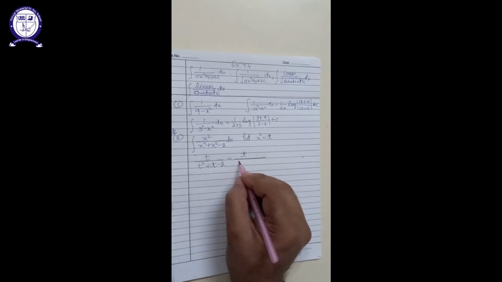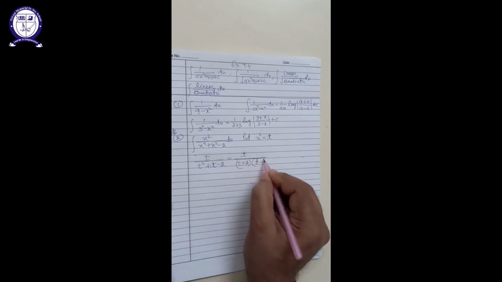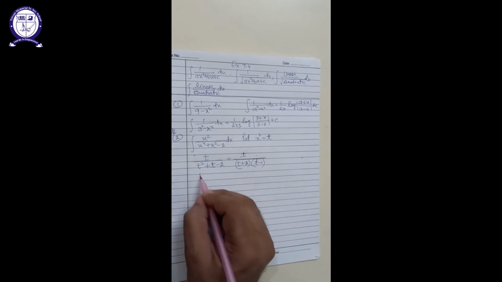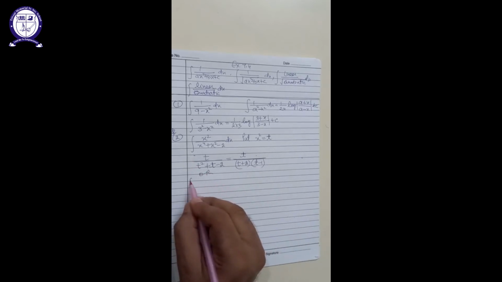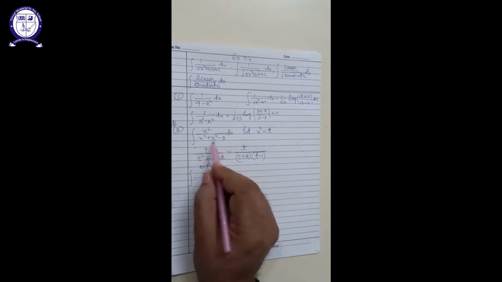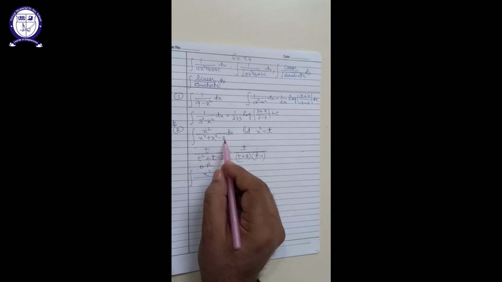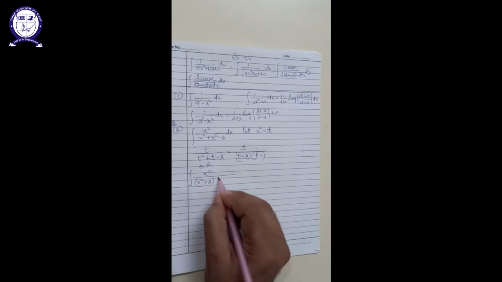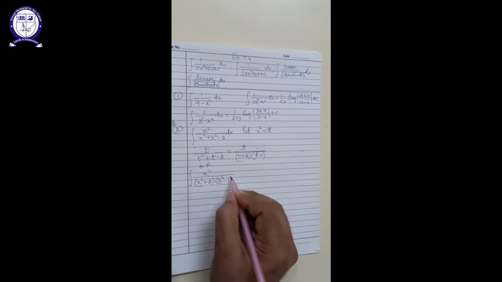Product 2 and difference 1: t plus 2 and t minus 1. With the help of partial fractions also you can solve this question. Clear? Or you can solve like this: x square upon, directly factor, product 2 difference 1, that is x square plus 2 and x square minus 1.